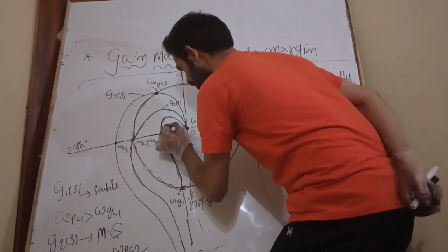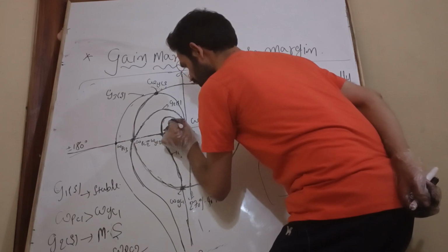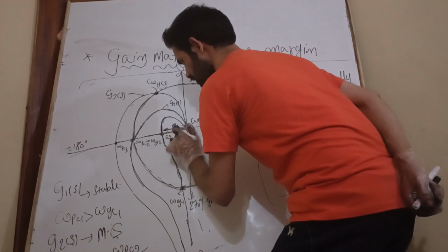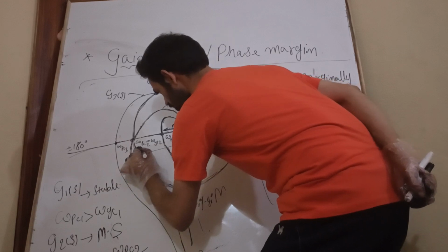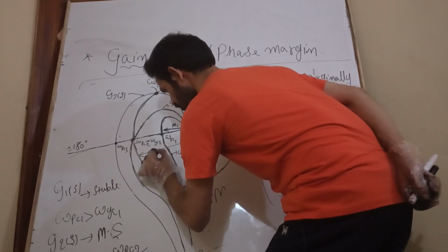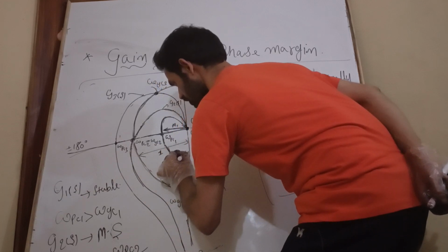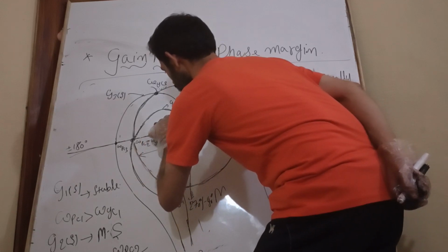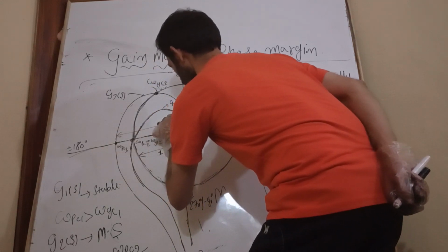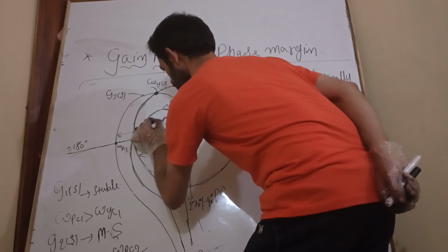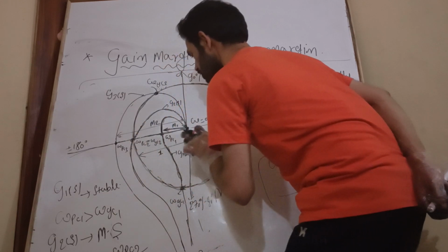Let's say this is my m1 distance, this is my unity distance, and this is my m2 distance.